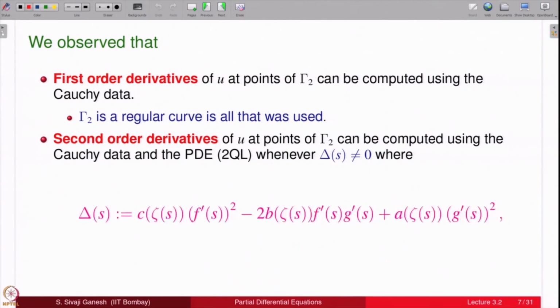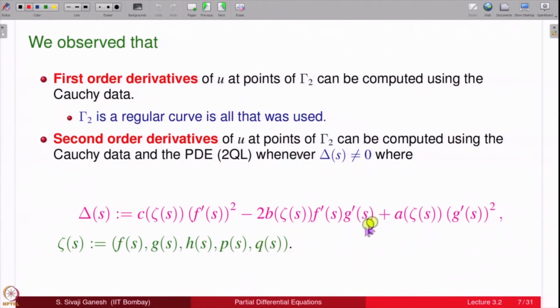What is delta of s? It is this expression: c f'^2 - 2b f' g' + a g'^2. We know what f and g are; these are the functions which describe the curve gamma 2 parametrically. Then what is zeta s? It is a 5-tuple which is (f(s), g(s), h(s), p(s), q(s)).